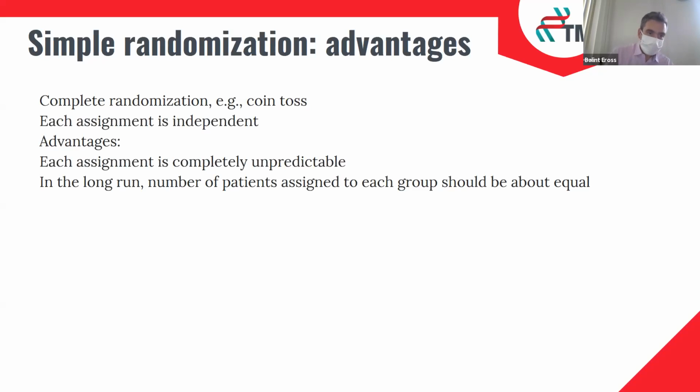So we have seen that if we do this simple randomization only for 10 patients, that is quite unequal. If we increase the number to 32, the numbers seem to be more equal than if you do it on a smaller sample size.